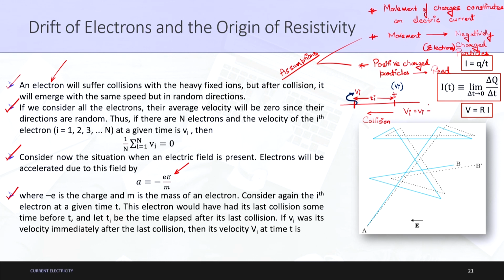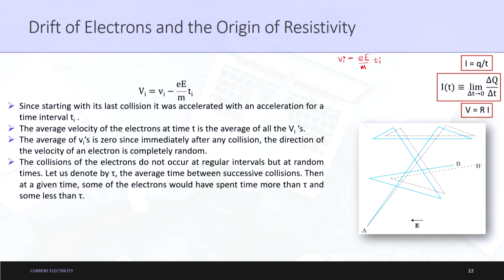Why a minus sign? Because deceleration happened, therefore the velocity is reduced. Therefore capital Vi is equal to small vi minus small e capital E by m into ti. Why ti? Because the time from small vi to capital Vi was small ti. Hence this is the expression which we got.